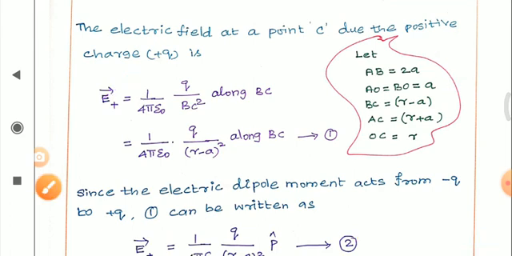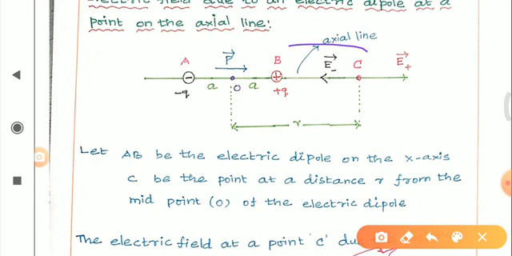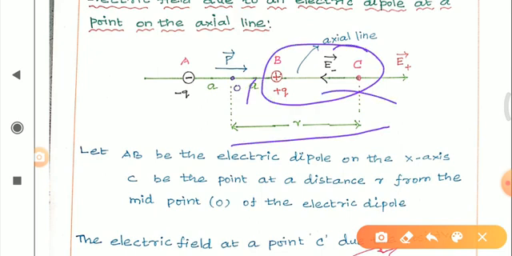What is BC? BC is the distance from the positive charge to C. So this distance is r, and this distance is a. To find this distance we have to subtract: r minus a.